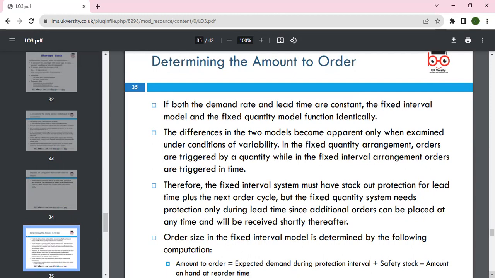The difference in the two models becomes apparent under conditions of variability.